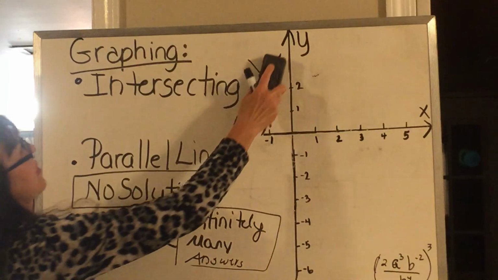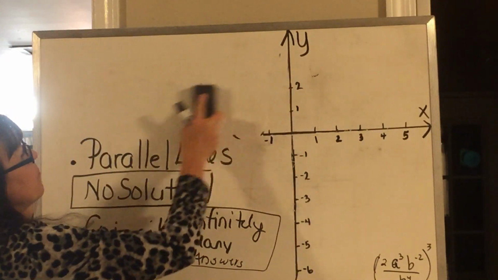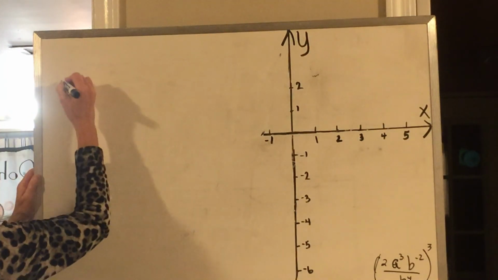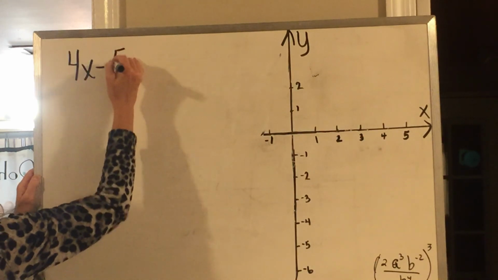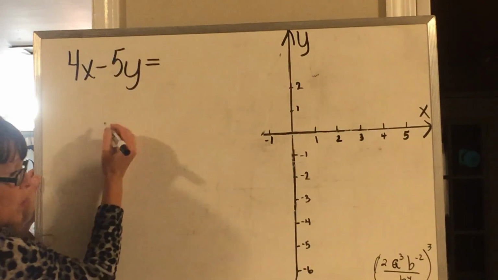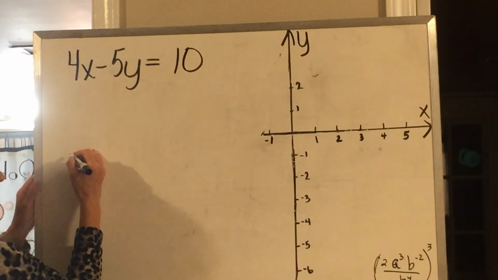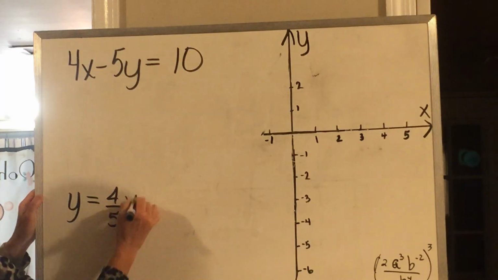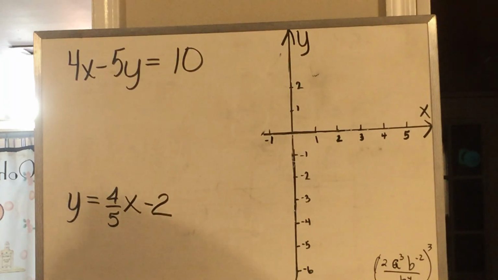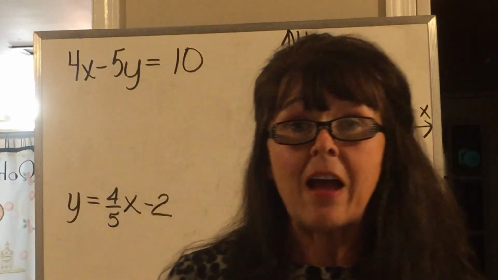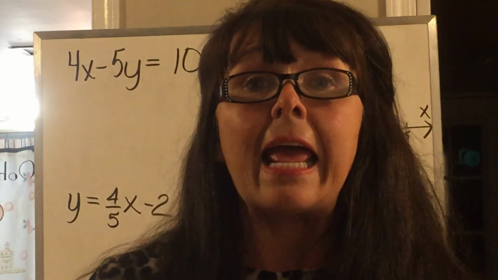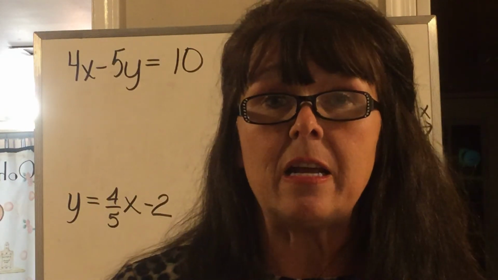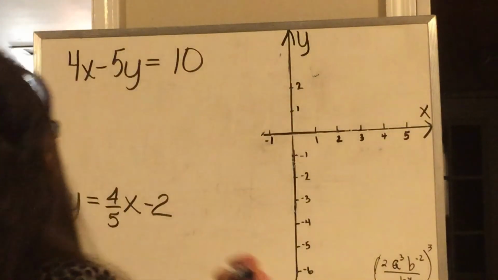Now, let's do 2 of these. All right. Example 1. 4x minus 5y equal 10. And then we've also got y equal 4/5 x minus 2. Well, if you're graphing, you need to know a formula. And that formula is called slope-intercept, which is y equal mx plus b.